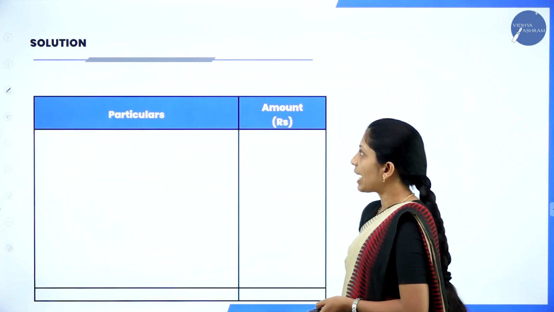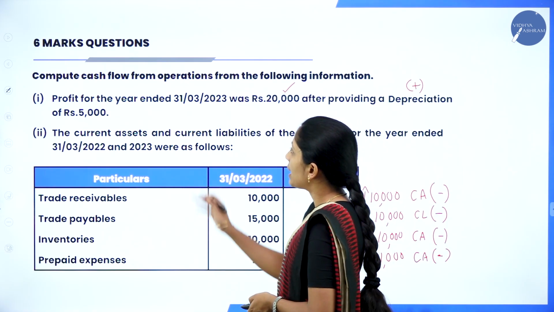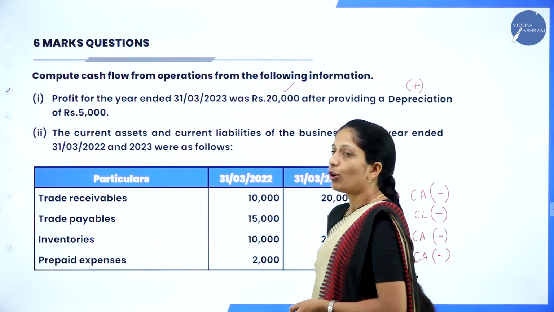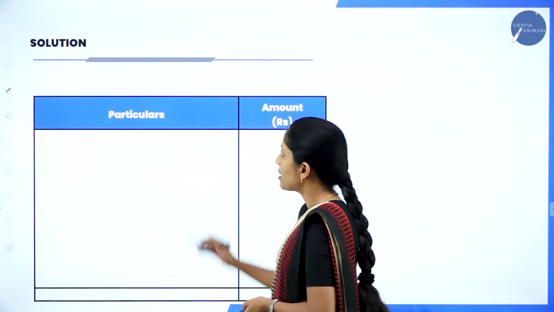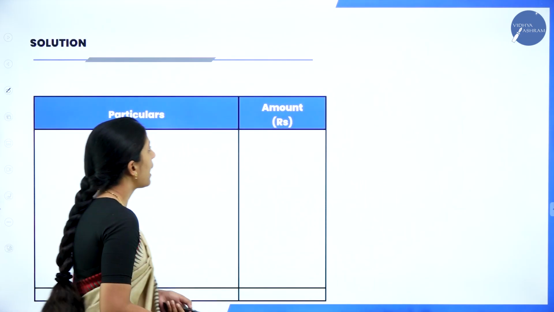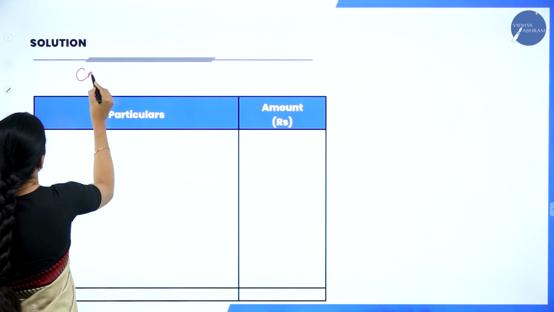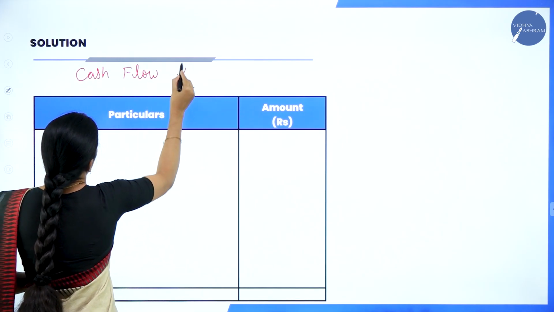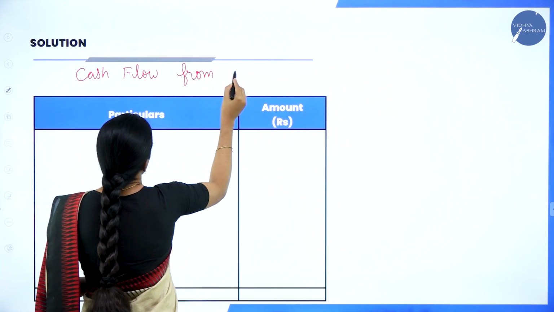So we shall prepare the cash flow statement. We'll write the heading. They have not given the name of the firm here. So cash flow from operating activities.